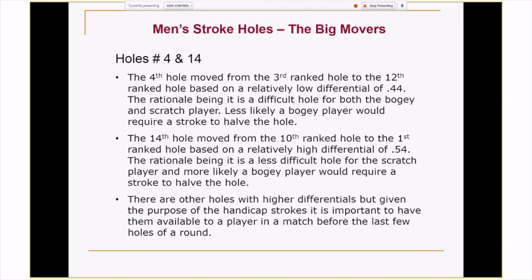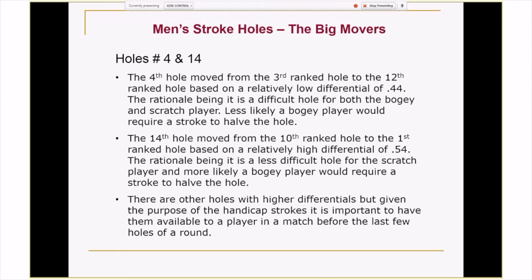And then the lower the differential, obviously the higher the handicap rated hole. So we think about number 4. 4 is a difficult hole, regardless of your ability. So it's less likely that a bogey player would need that stroke to have the hole versus the scratch player.